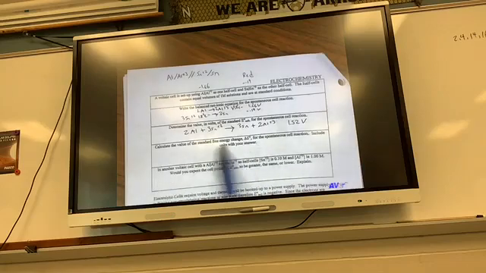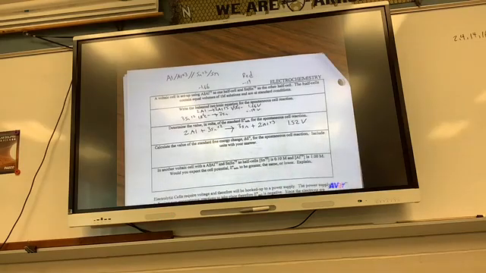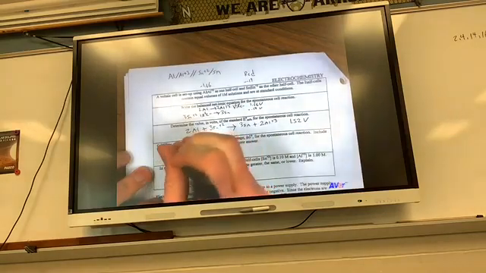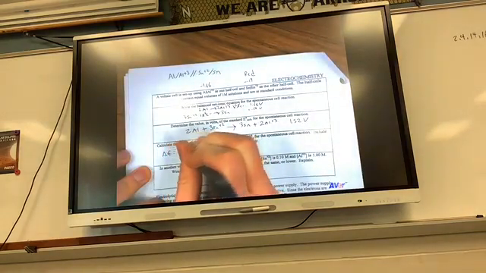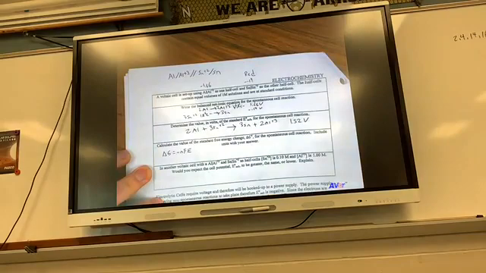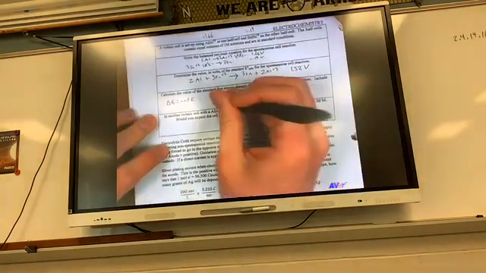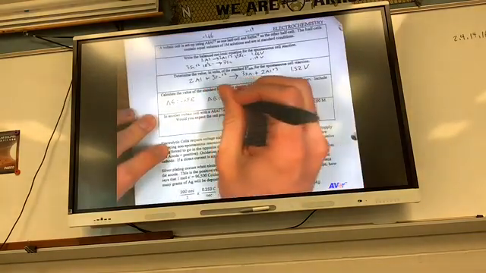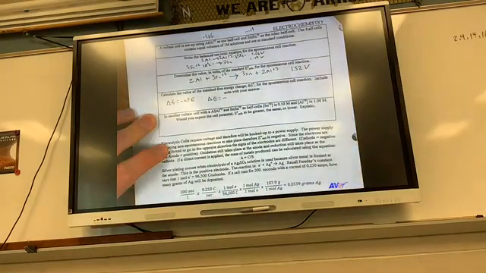Calculate the value of the free energy delta G for the spontaneous reaction. Well, we know that delta G equals negative nFE. So now I'm going to sub in what I got. Delta G equals negative what? How many moles of electrons moved? 6.